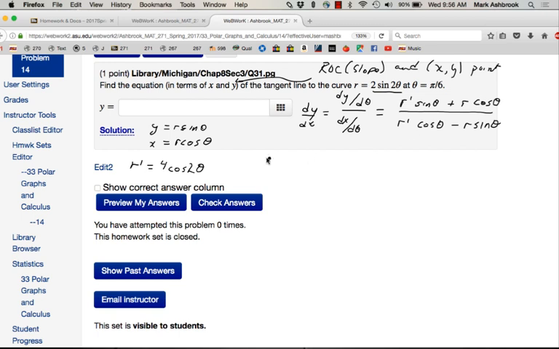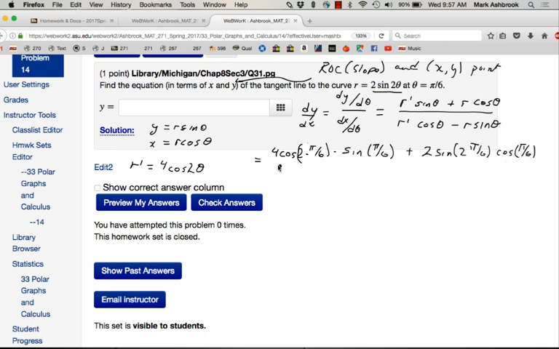Okay, here we go. So we got a lot of math to do. We got 4 cosine of, and I'm going to plug in the pi over 6, because we want specifically dy dx. So 4 cosine, 2 times pi over 6, times sine of pi over 6, plus 2 sine of 2 times pi over 6 cosine pi over 6.